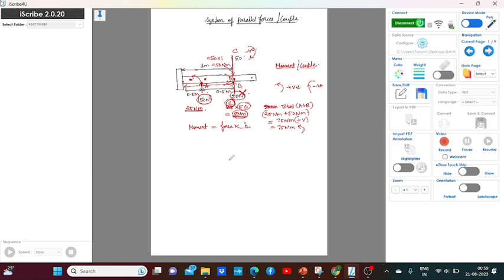So the total couple by A and B is 75, and the couple applied by C is 50. These two persons are applying cumulatively more movement, so the door will open on this side. What will be the resultant couple?